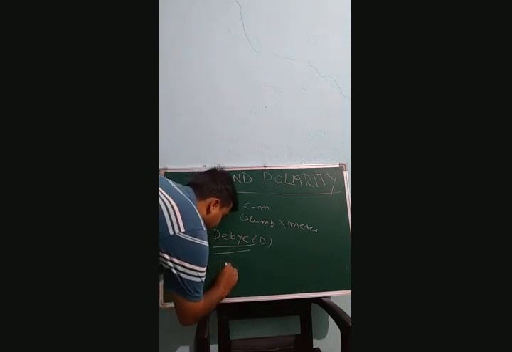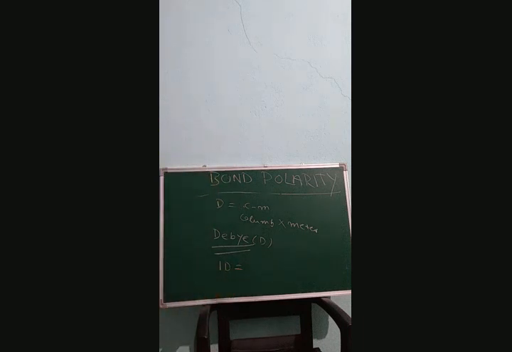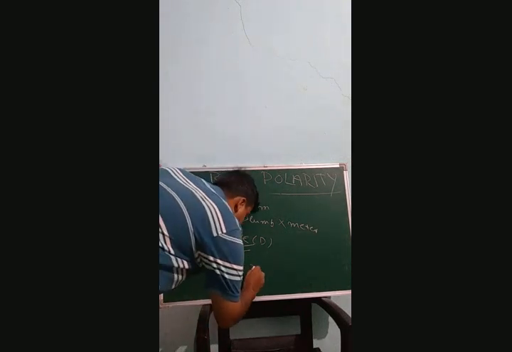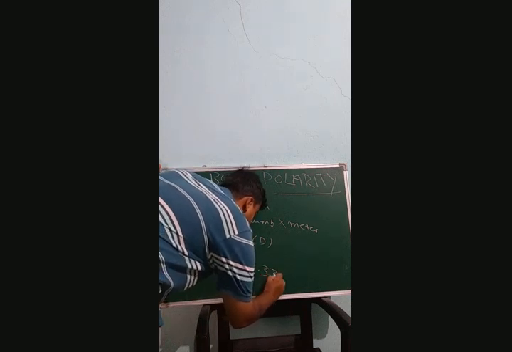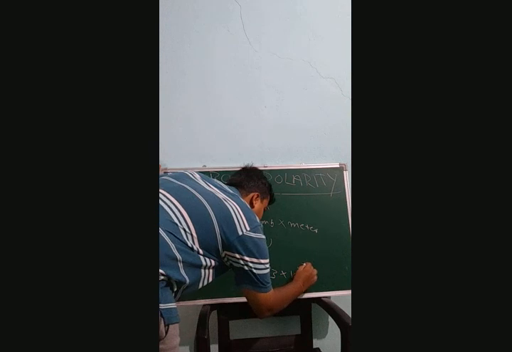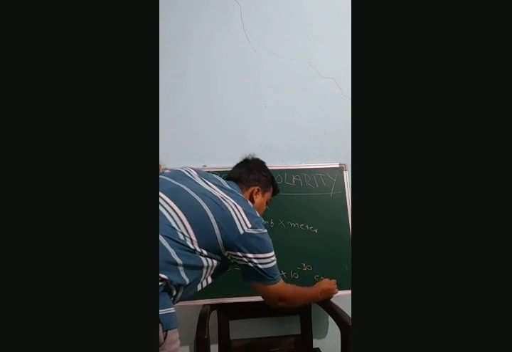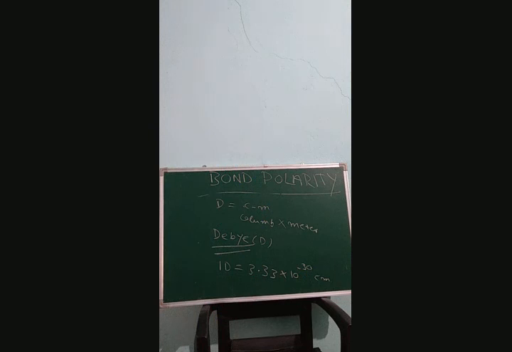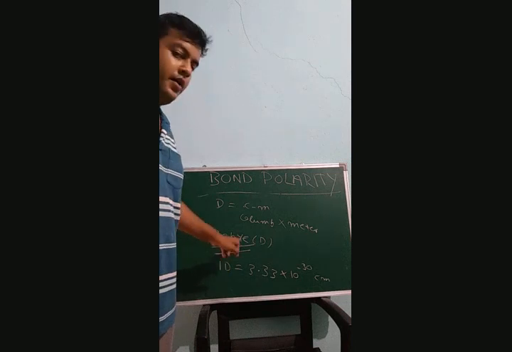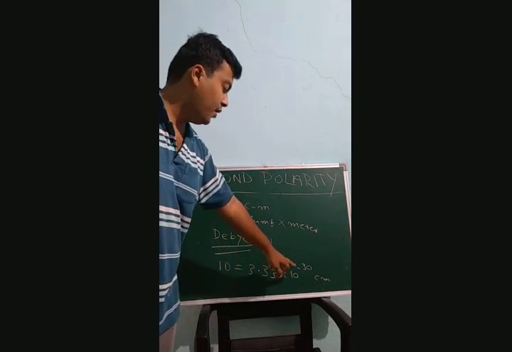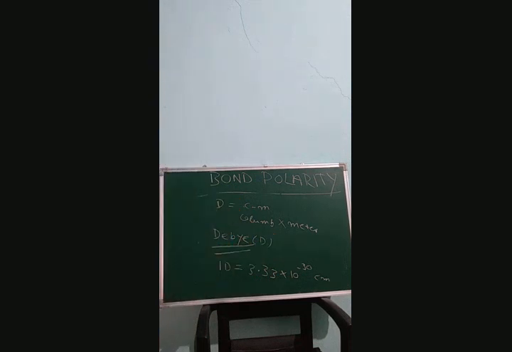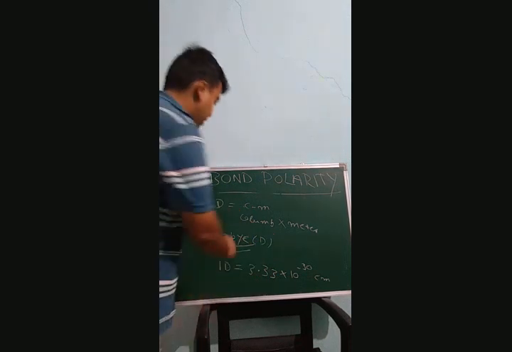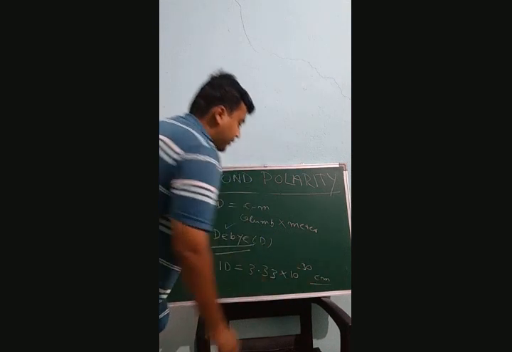So 1 Debye is equal to 3.33 into 10 to the power minus 30 coulomb meter. So the unit for bond polarity is either Debye or coulomb meter.